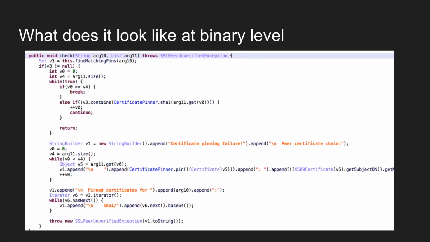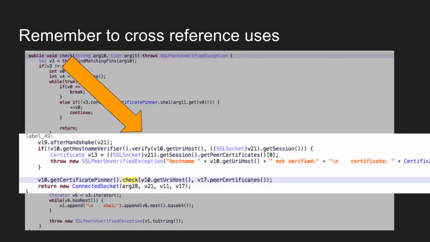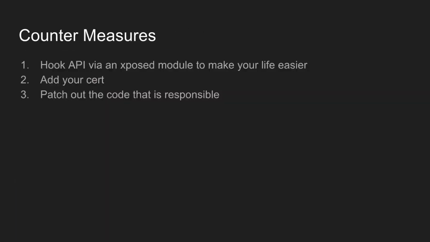You're also seeing way on the bottom of this screenshot, the throw new SSL peer unverified exception. That'd be another clue. And how we're actually invoking this is there's this v10.getCertificatePinning method, and then it's calling check. That's basically saying, hey, is this the correct cert or not?